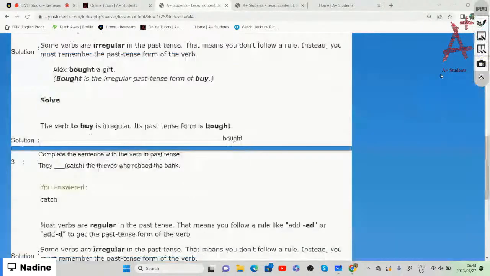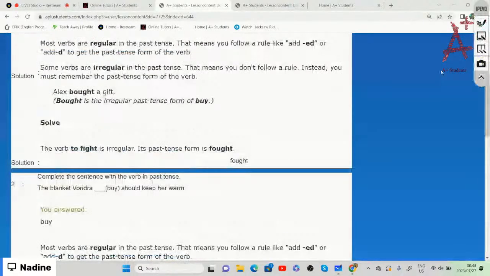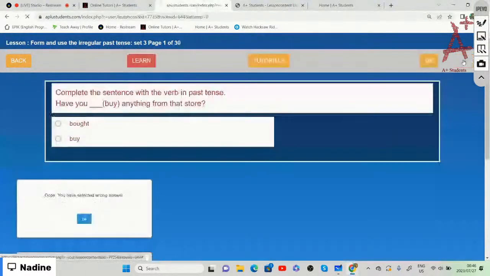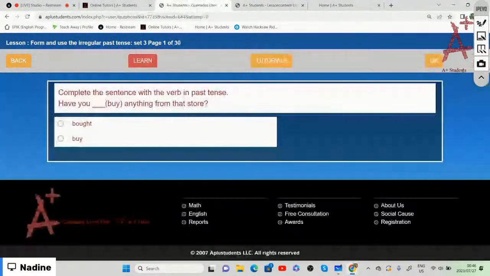Now we are going to test ourselves again on forming and using irregular past tense. We need to complete the sentence with the verb in the past tense. Have you buy anything from that store? We need to choose either bought or buy.